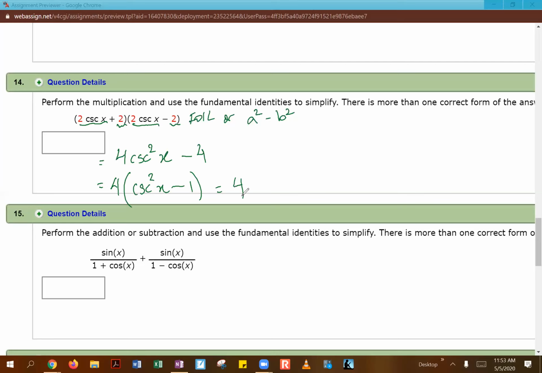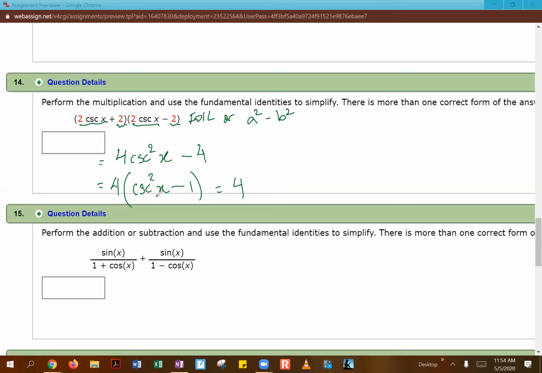And then it's 4 secant squared, right? Is that a trig identity? You would have to use the trig identity. So which identity are you using here to make the substitution? The Pythagorean identity?